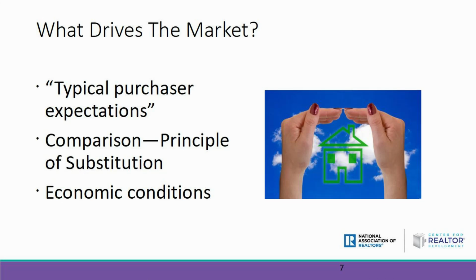And then the other thing that drives the market is economic conditions. Now, you have a national economy, you have a regional economy, you have a local economy. Some of the things which happen on the national level impact us all. So I sometimes like to kid when I'm teaching a class and I say, I'm a BC realtor. That is before computer.